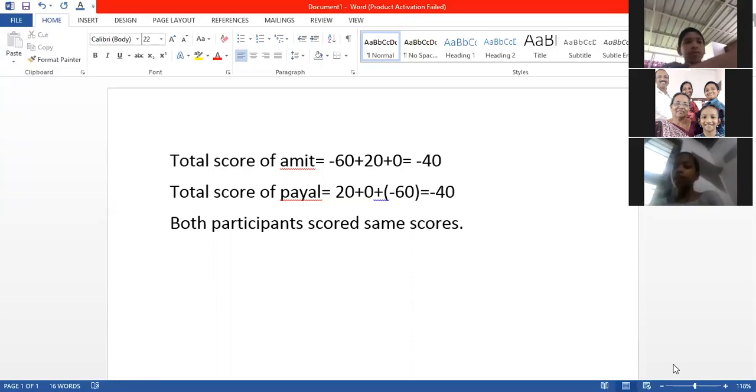Commutative property. Yes, very good. It is the commutative property. The second property of addition is the commutative property, and it says that 2 integers can be added in any order.